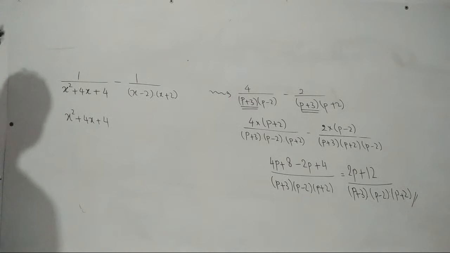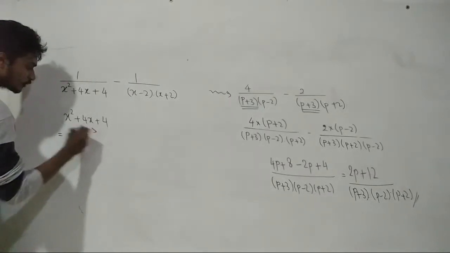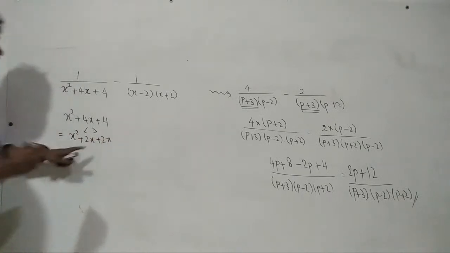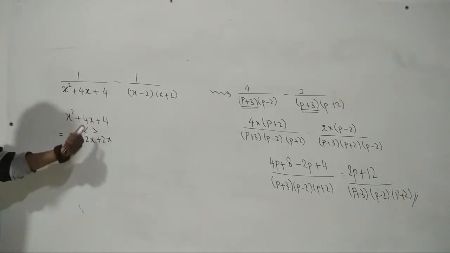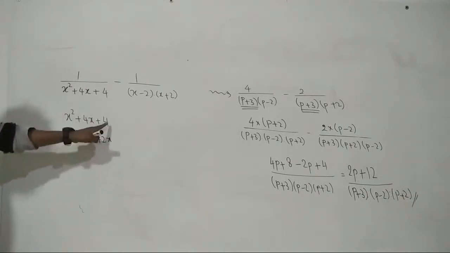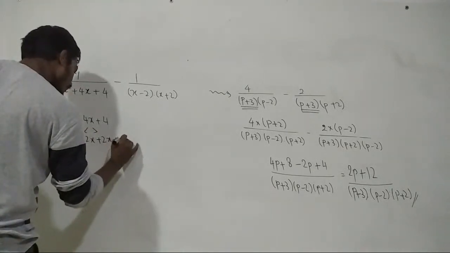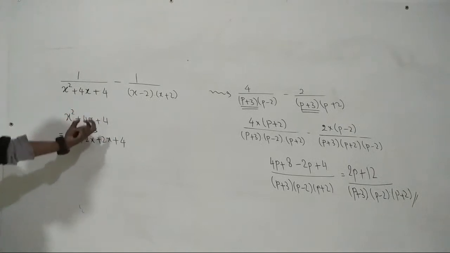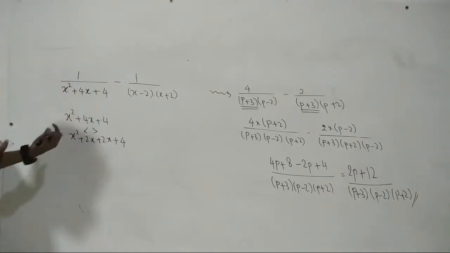So when you break this into 2, you will have what? Plus 2x and plus 2x. Because look at this, 2x plus 2x is going to make you how much? 4x. 2 into 2 is going to be how much? 4. So guys, in that case, you will have x squared plus 2x plus 2x plus 4, as the breaking part for the factors. Initially, first of all, we need to think about factors, right?